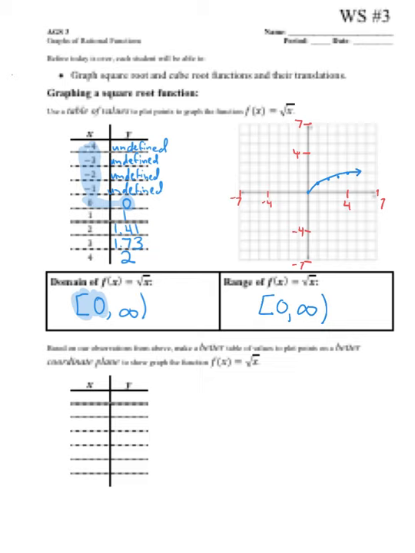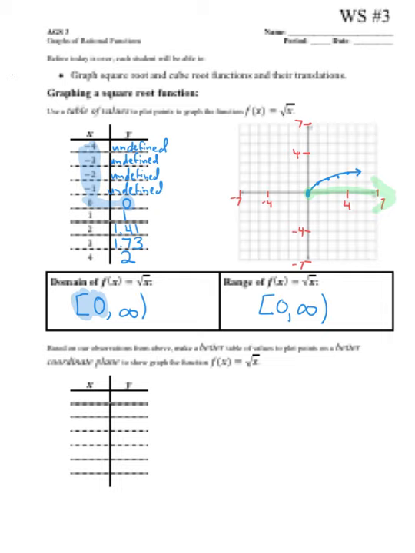We can tell that it starts at the point 0, 0 here. If we're thinking about domain, it's all the x values. As we're going from left to right, we can see the x values start here, and then they go on forever.